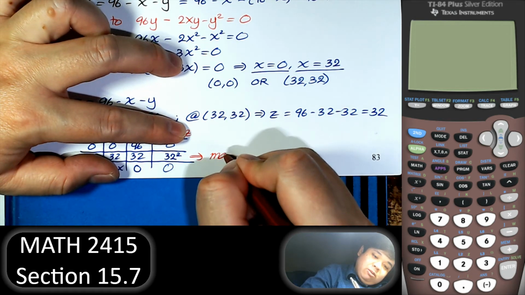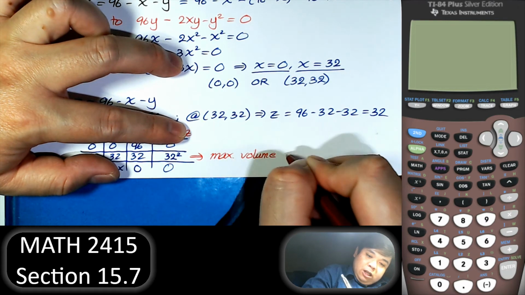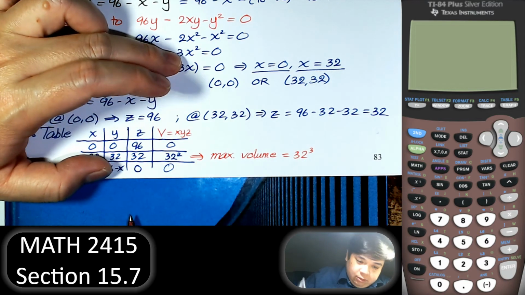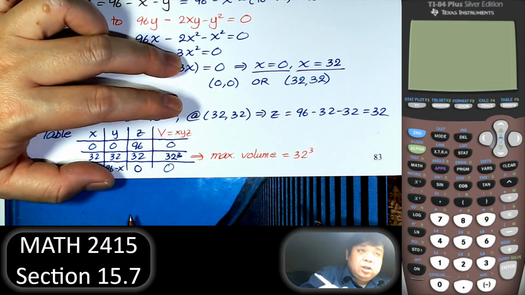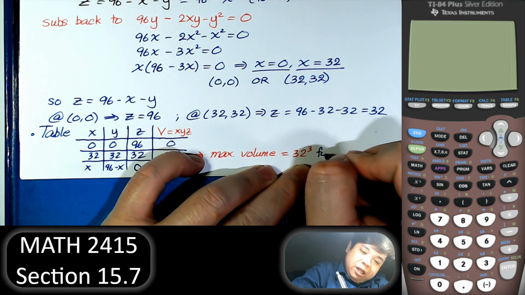So max volume is equal to 32 cubed, where the size is 32 by 32 by 32, for the box.